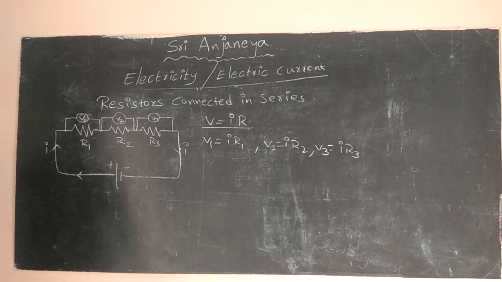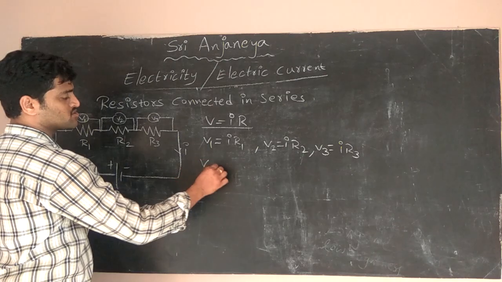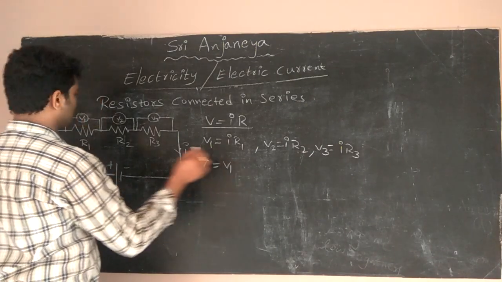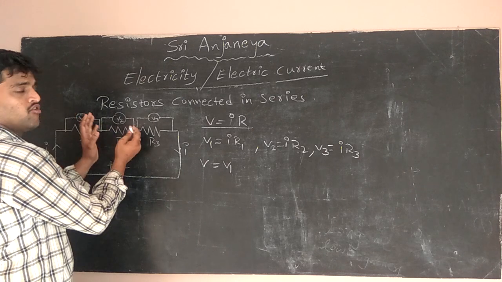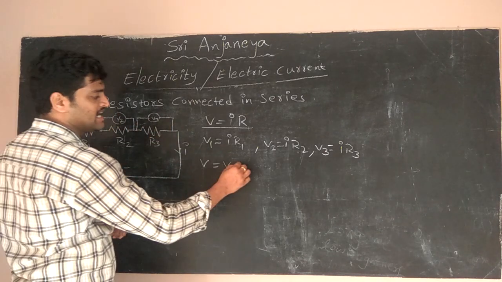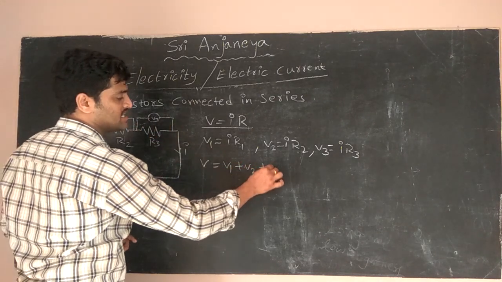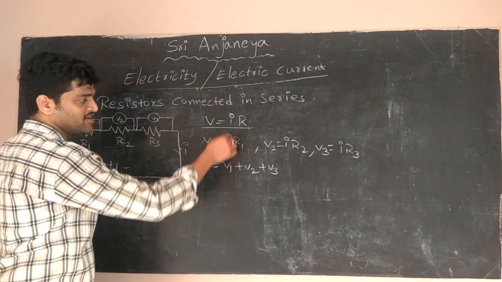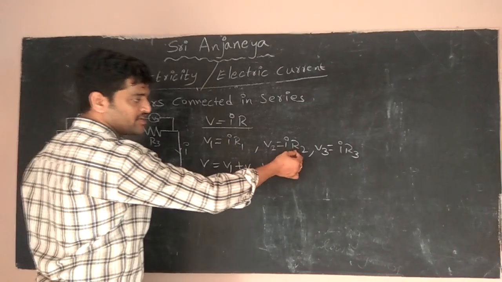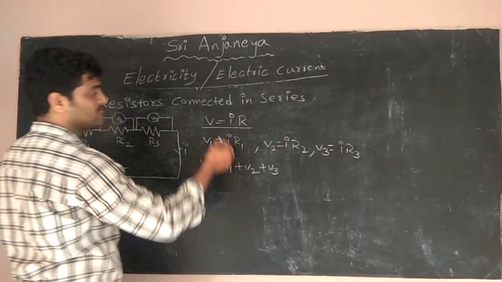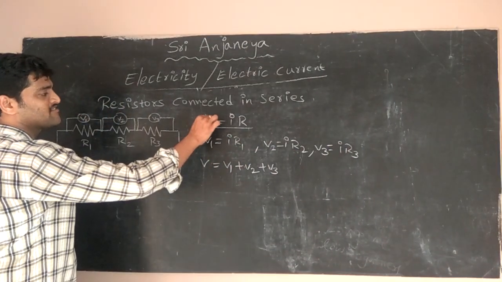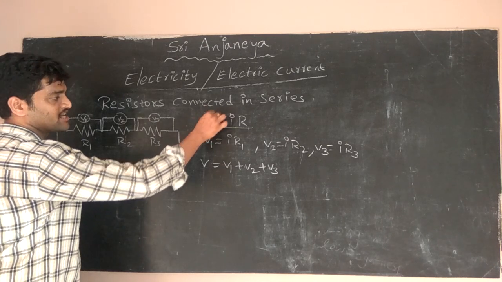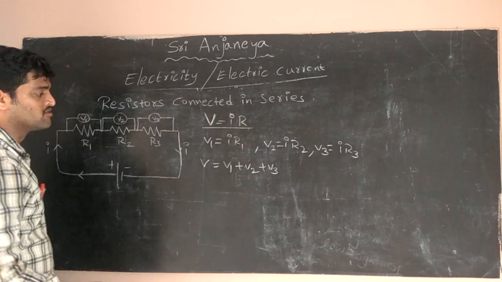The next one is voltage. Total voltage is equal to the voltage at the first resistor, plus the voltage at the second resistor, plus the voltage at the third resistor. V1 has some value, V2 has some value, and V3 has some value, and totally the net voltage V has some value.